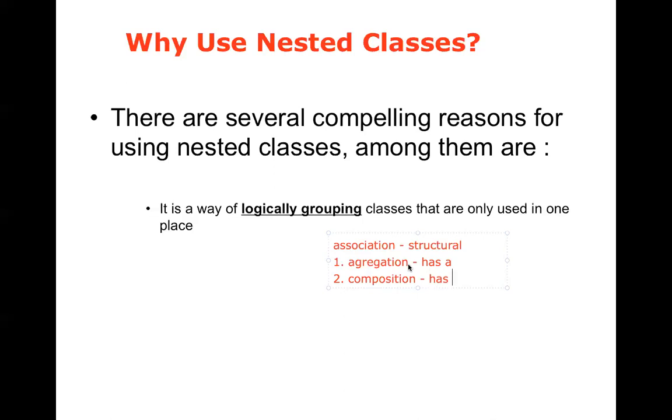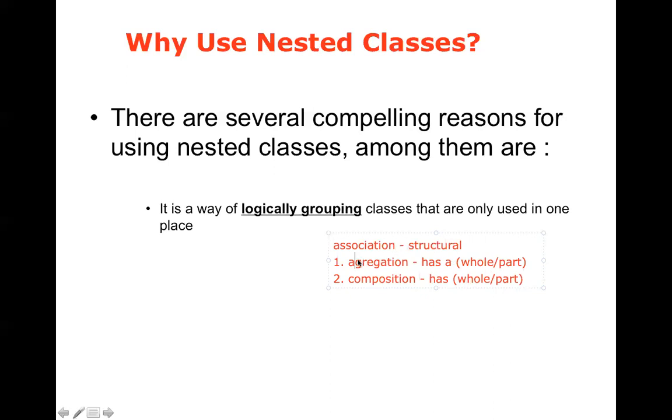It is also called a whole-part relationship. One will be the whole and another will be part of that one, like school is the whole and department is a part, a school and teacher, college and students. And this is also a whole-part relationship, but the difference has to be understood.